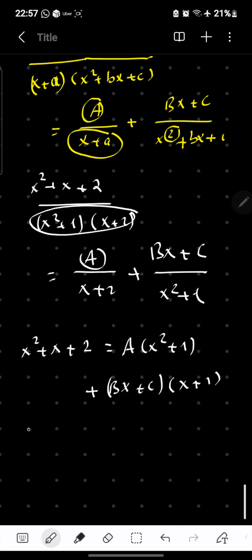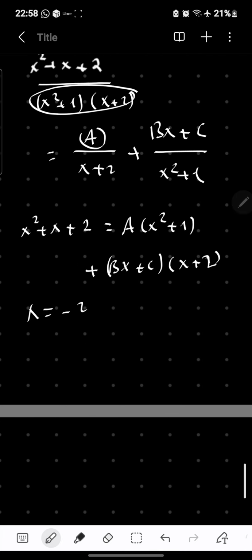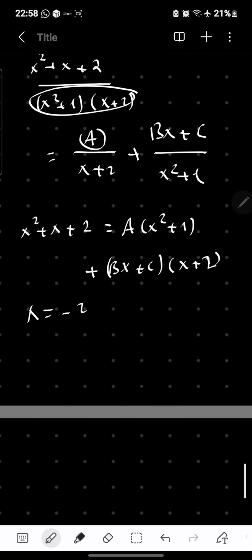Let's try x equal negative 2 to cancel this term. By substituting x with negative 2, the left hand side will be 4, equal to 5a.